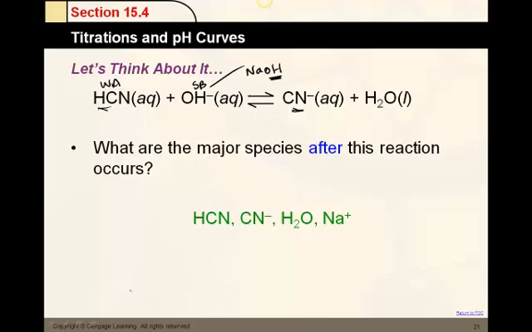Well, actually the OH is used up and goes away to produce water, which is one of those products. You'll also say, well, I don't see the Na in the beginning because it was a spectator the entire time. So really, although they list it here, it is a species afterwards. It's not an important species, so most people don't even list it.